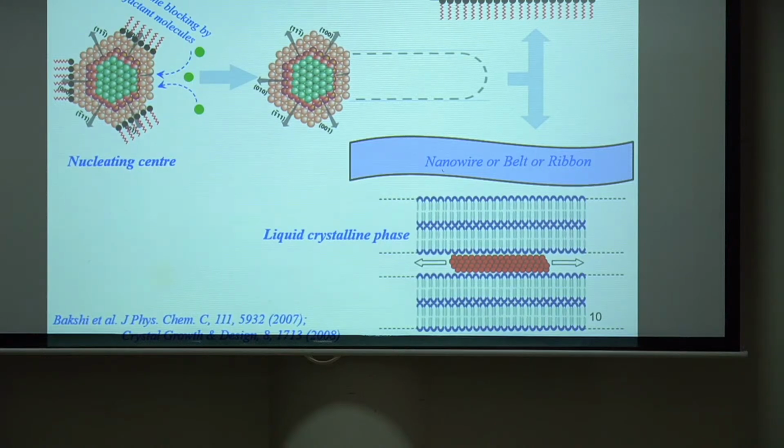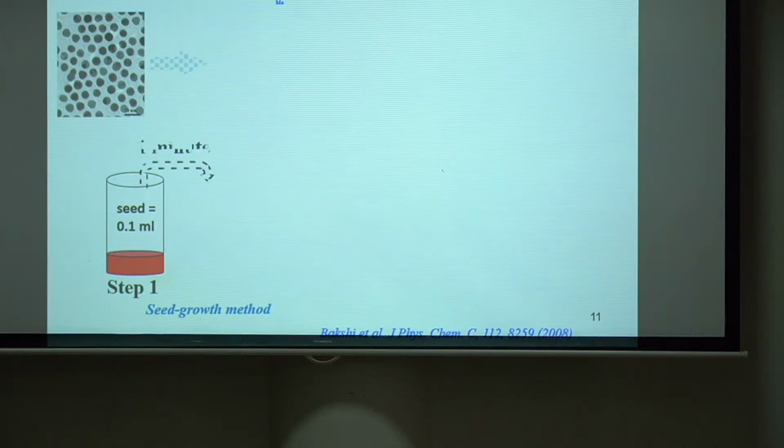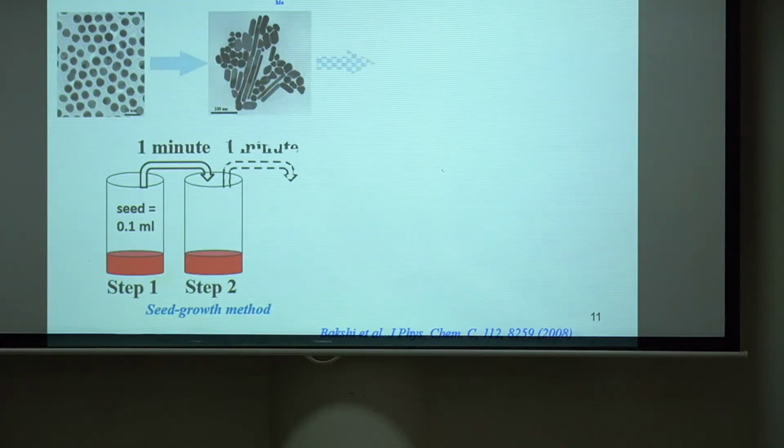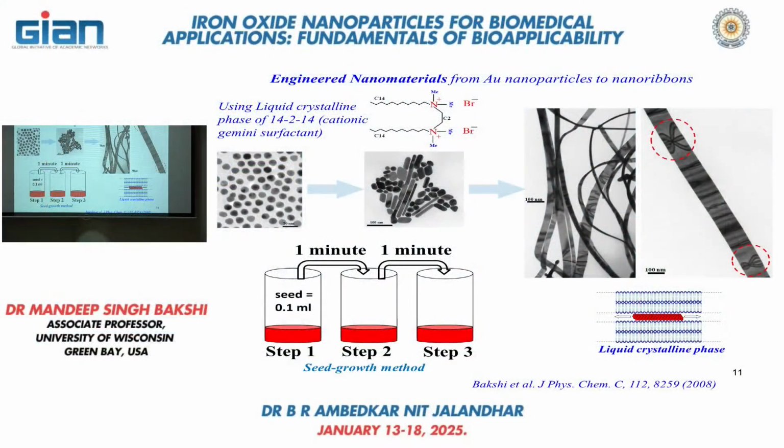What is the applicability for this? This slide I have already shown you as well. We usually perform the seed growth method in order to produce the ribbons. But the bottom line question is how to use them, because here we are talking about the applications.